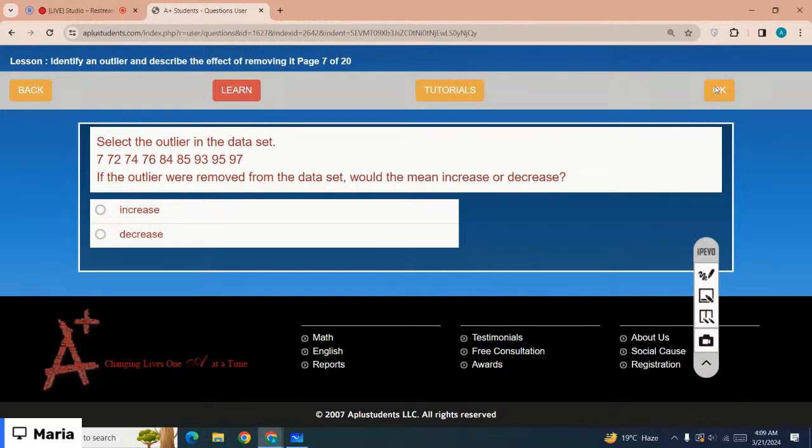The mean is increased, right? Because the outlier is a smaller number. If you remove the smaller number, the mean is increased. The rest of the numbers are greater than 7, so the mean increases.